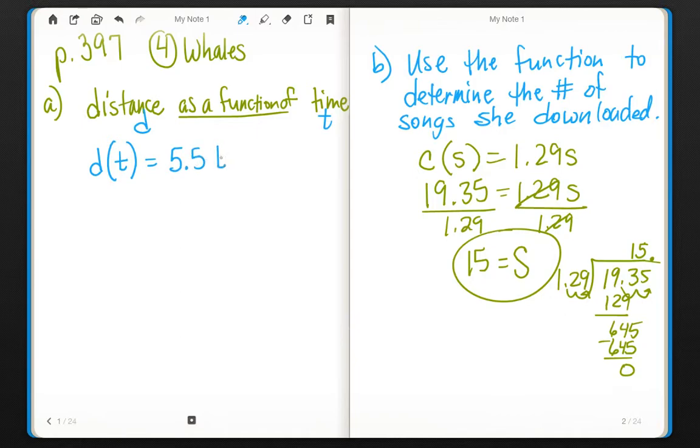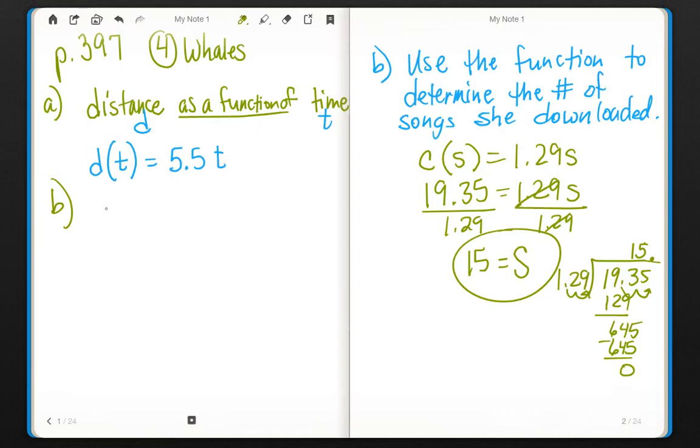So for every hour, there's your time, you need to multiply by 5.5. Every hour you go, it'll travel for 5.5 miles. So there's your function. Hopefully we've done some of that, so hopefully that does make sense. So there's your function notation for this situation. So distance as a function of time, you get your distance when you multiply your time by 5.5.